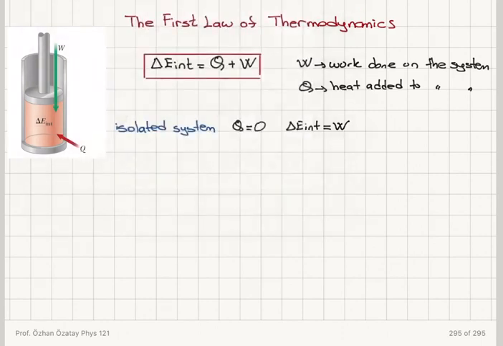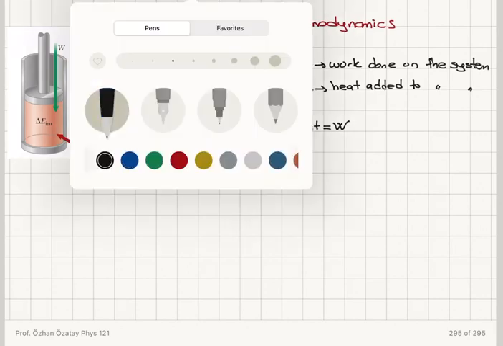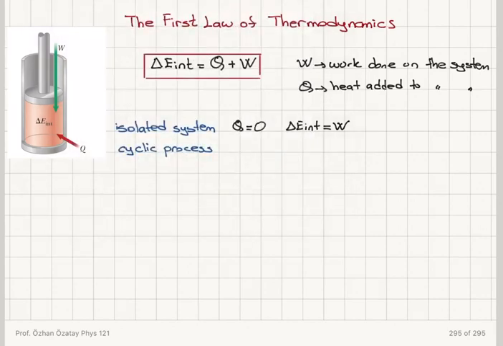Another important example is the cyclic process. Cyclic process means we start with the same set of state variables and we end up with the same set of state variables. So P final is equal to P initial, V final is equal to V initial, T final is equal to T initial, and therefore we have internal energy final is equal to internal energy initial. So we reach the same state.